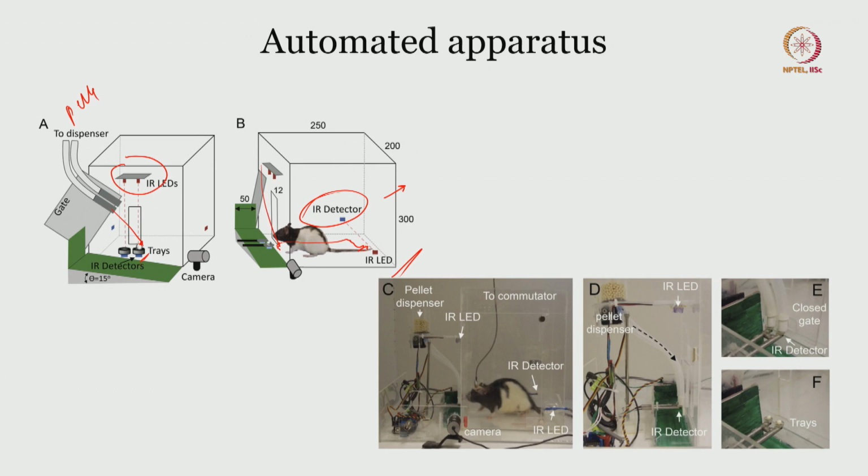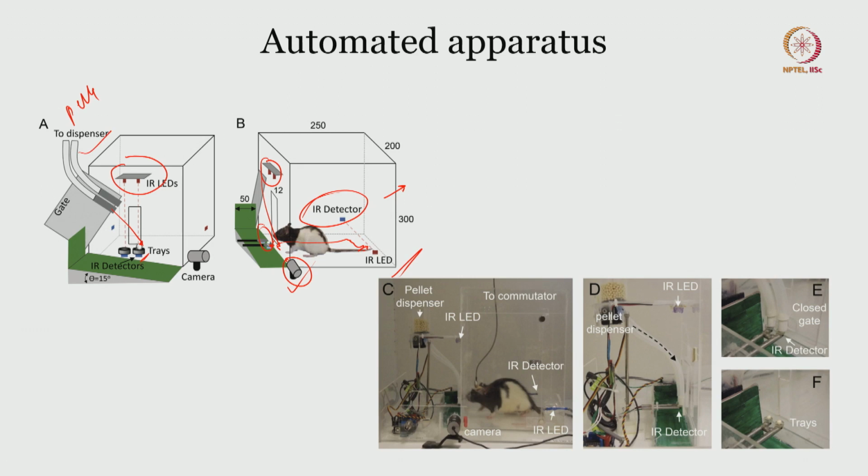As soon as the rat tries to grab the pellet, the camera recording is switched on by the IR LEDs placed outside the box right on top of the food trays. So there is a camera recording going instantaneously as soon as the rat becomes active in grabbing the pellet, and an automated dispenser dispenses the pellet as soon as the movement of the rat is detected.